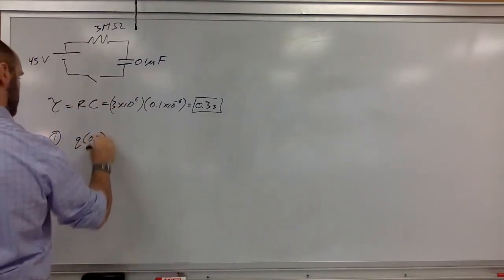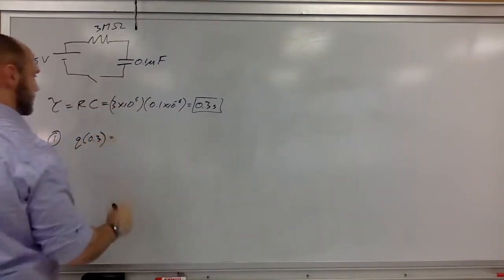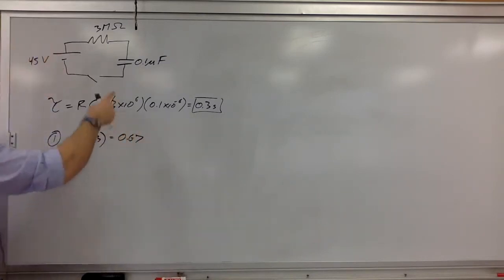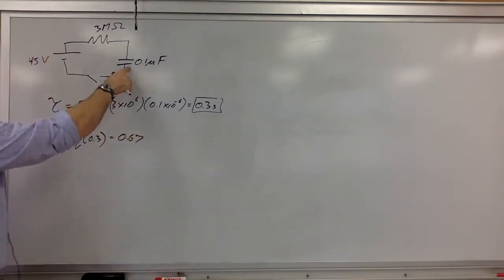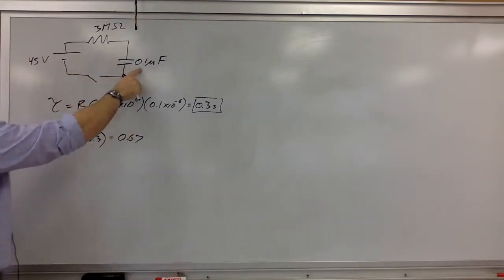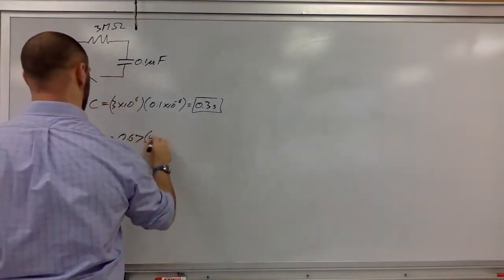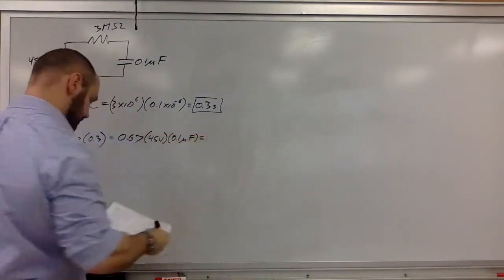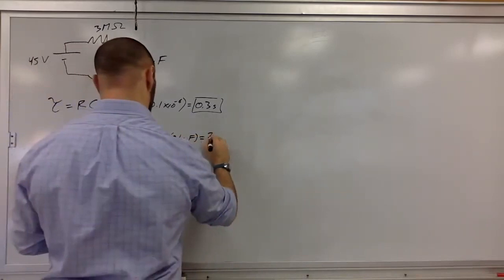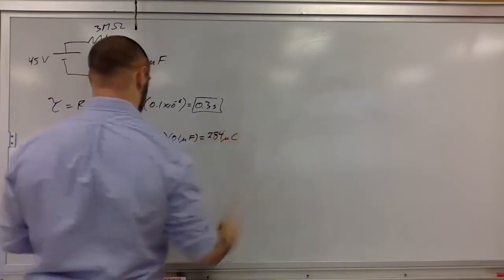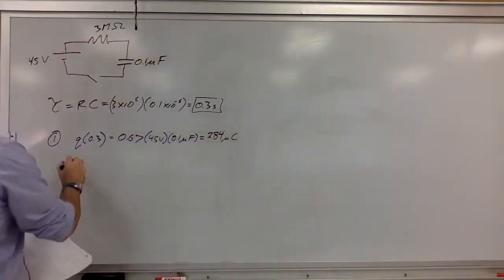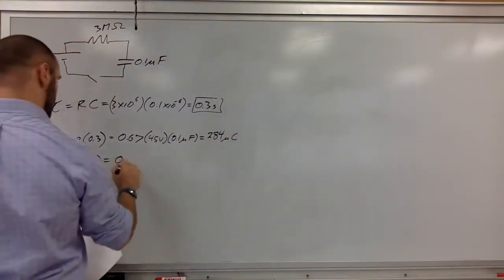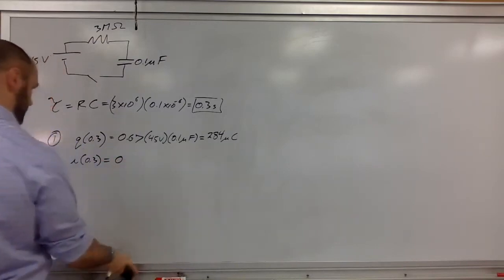Q at 0.3 seconds, that's after one time constant, is going to be 0.63 times the maximum charge that can be on here, given by the EMF times the capacitance. So it's 45 volts times 0.1 microfarads. And I think the answer turns out to be 284 microcoulombs.